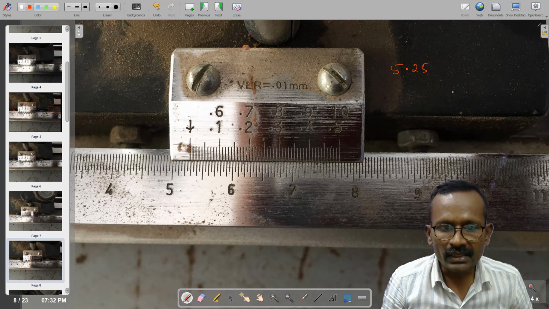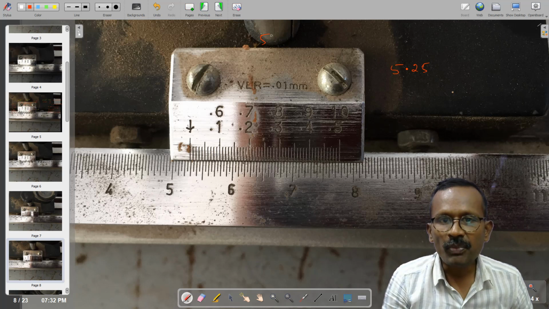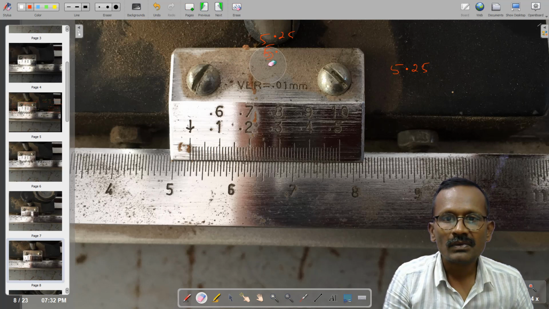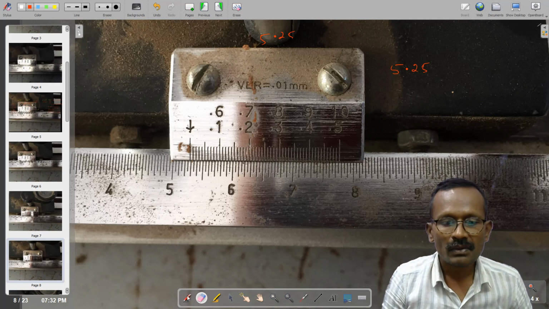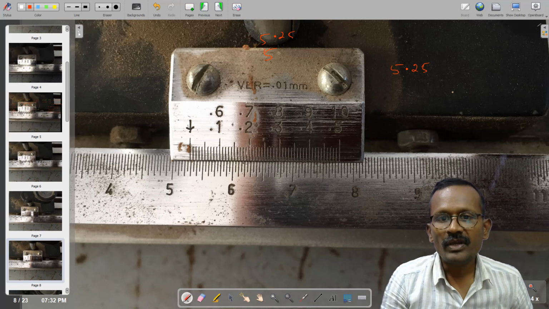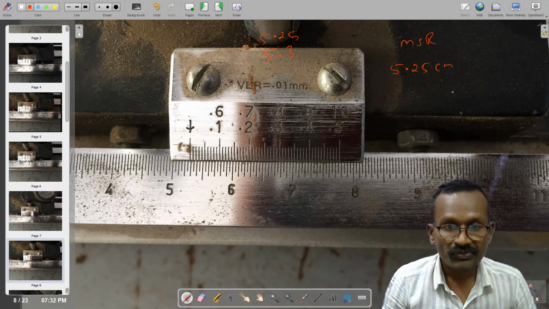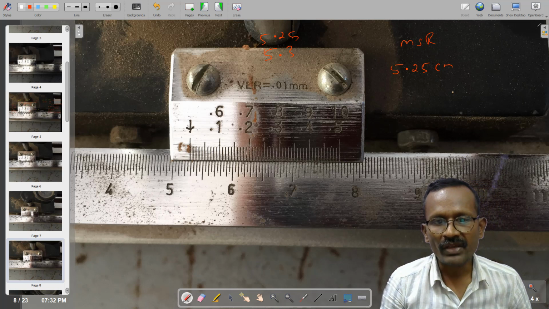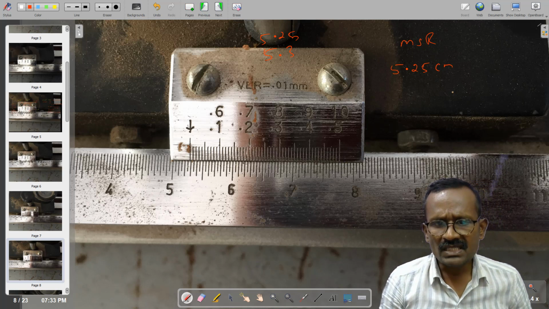It is lying between 5.25 and 5.3. So we should take the lower value, 5.25 centimeter. This is the main scale reading.